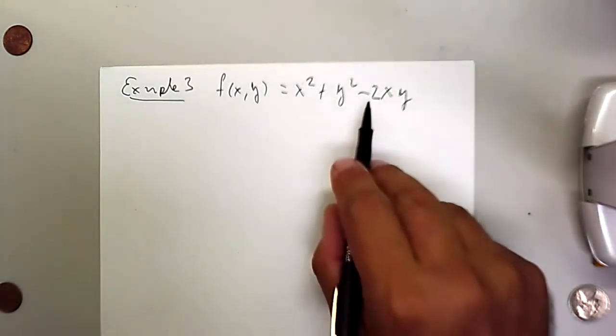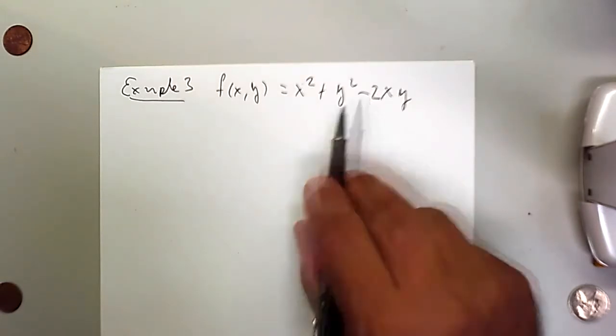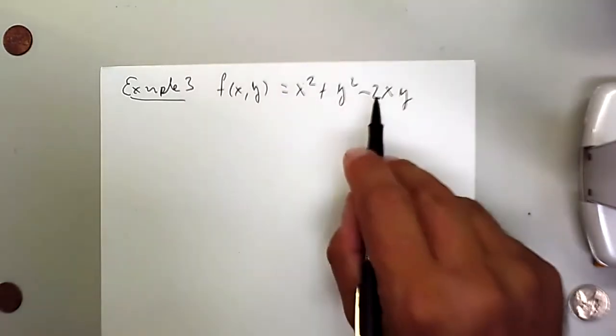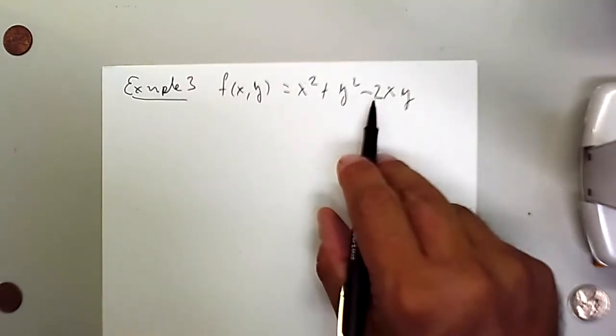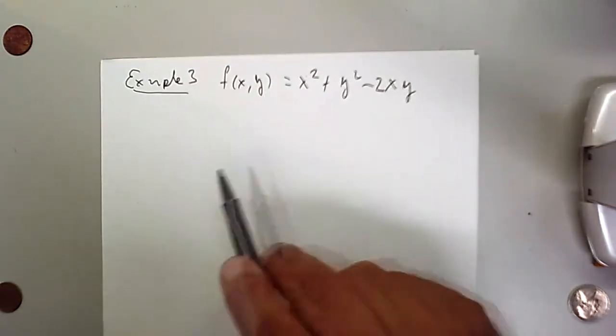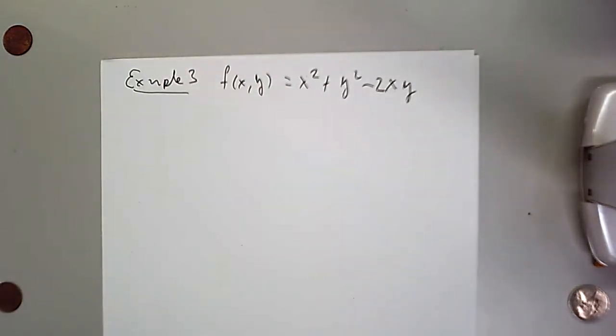So in example 1, we had a coefficient of 1 here. In example 2, we had a coefficient of 3. In example 3, we have a coefficient of 2. So the coefficient matches the example number only for the first one, but not for the other two. I should have planned that a little better, but that's okay.